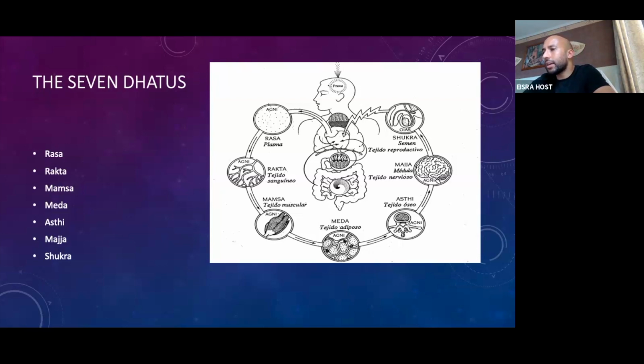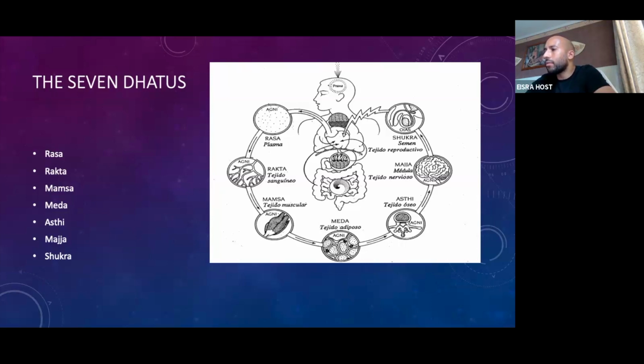And Ayurveda says that all the tissues of the body can be categorized under one of these 7. So this keeps it understandable. It gives a good overview of the major components of the body. And one thing that we have from the Ayurvedic perspective that we don't have in the modern perspective is a story.